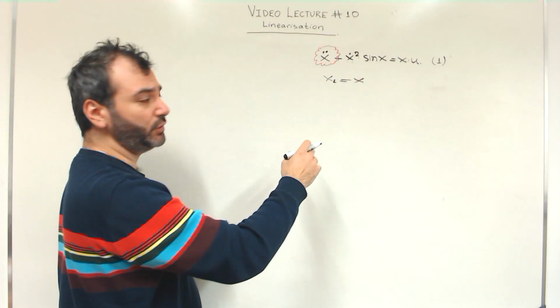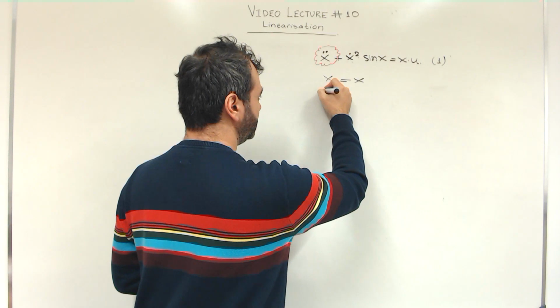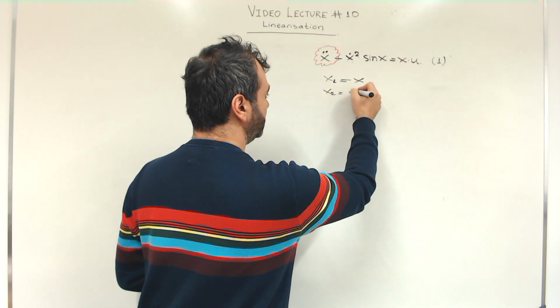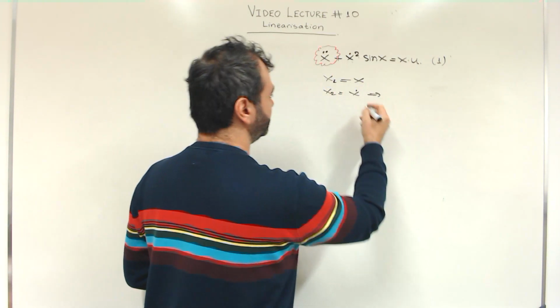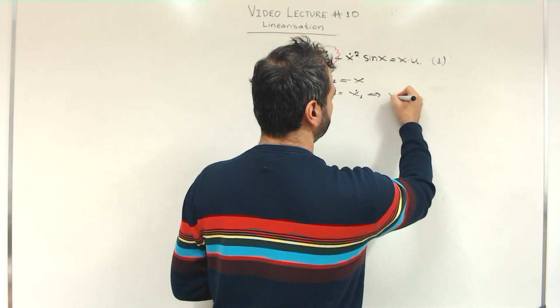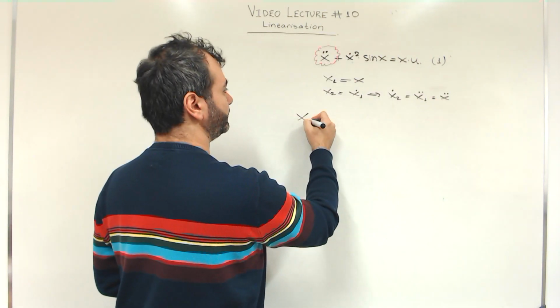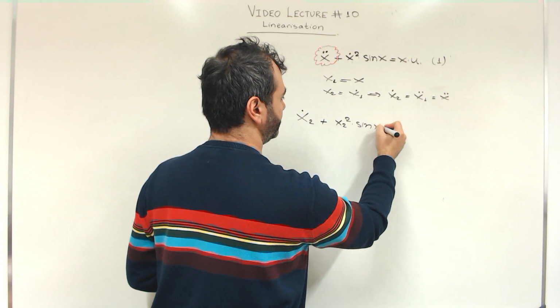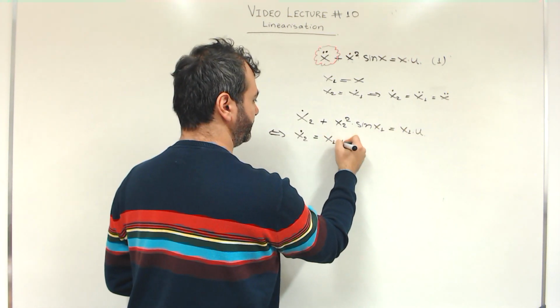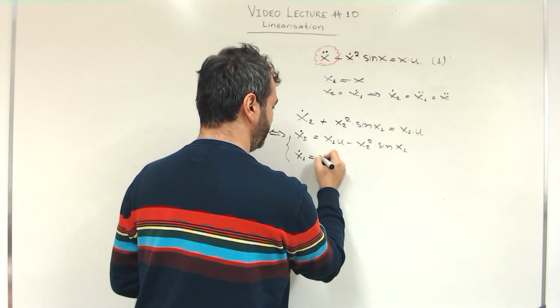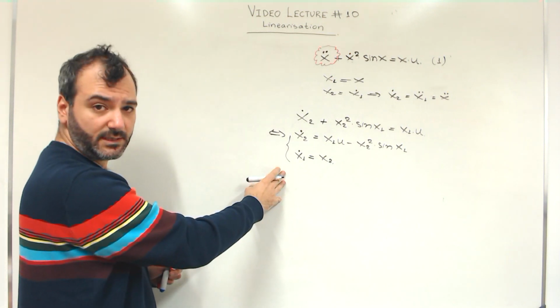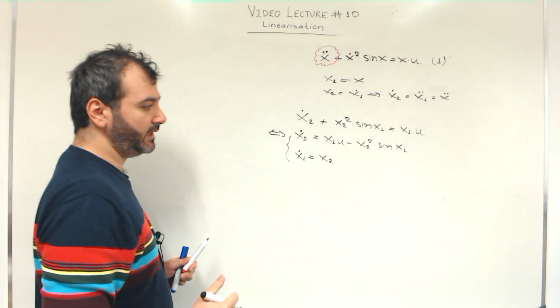We define two new variables. x1 is x, x2 is x dot. This implies x1 dot. And this is the system equations in a state space representation.